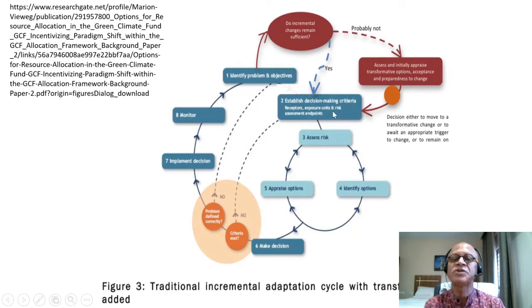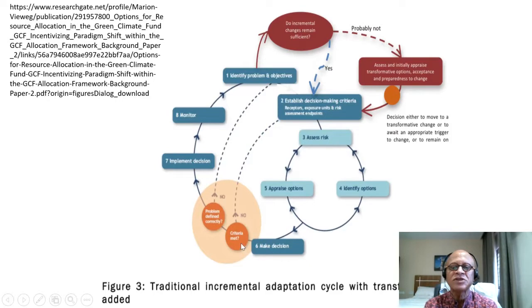And then you feed it to the second step to establish decision-making criteria, receptors, exposure units, and risk assessment endpoints. If the incremental changes in fact remain sufficient, then you can skip this step and get to here. In the third step, you assess risk, you identify options, and you appraise options, and you have this iterative process to come to making decisions.